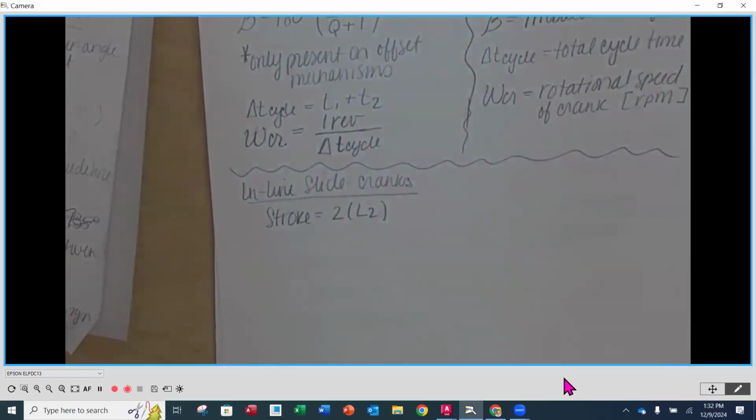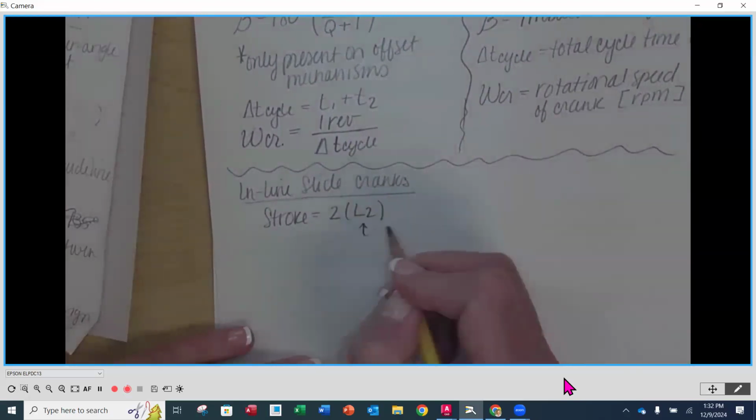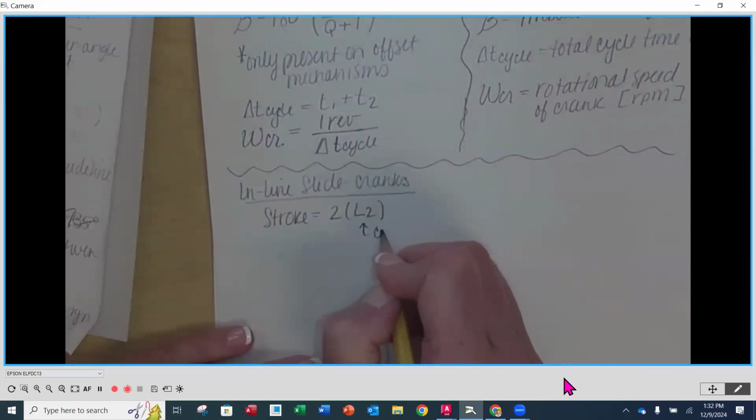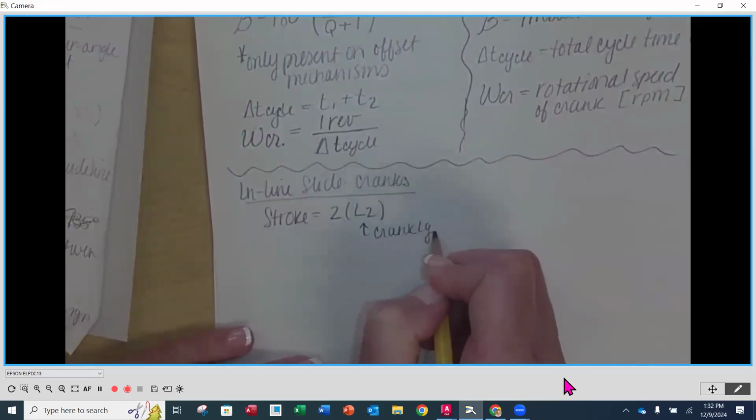I like putting the stroke first and having the stroke equal to, because again, your problem statement is going to be, I need this to move a distance of. So the stroke is what you start with, and then you can use that to calculate the length of your crank. So L2 is going to be your crank length.